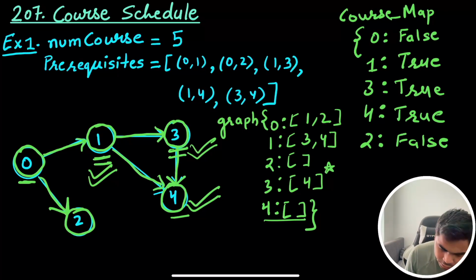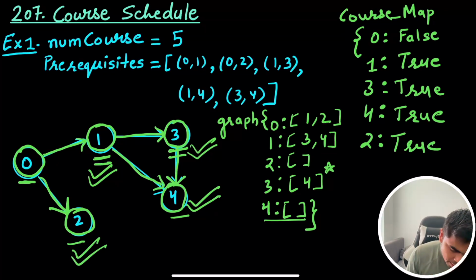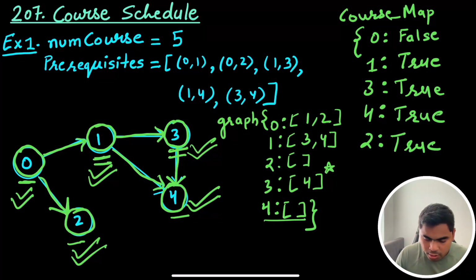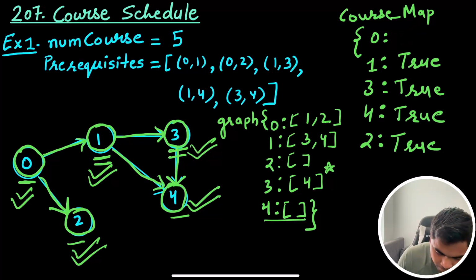Then I'll check all the neighbors of 2. Well, 2 doesn't have any neighbors, so I'll mark this true. I could have taken it in any order, I could have taken it earlier also, but I'll mark this as true. And then this is done. I visited this. Then I come back to 0. 0 is fully visited now because you can see I have visited all the dependencies, all the prerequisites of 0. So this is also marked as true.